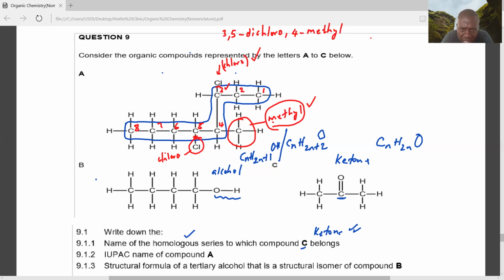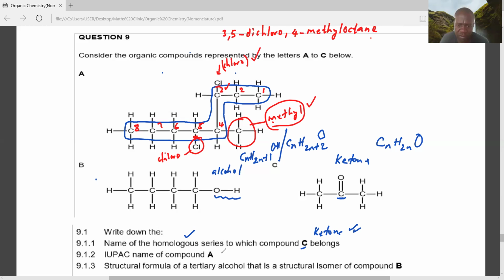What is the parent chain? The parent chain is 8 carbons, and it's a halo-alkane, so it must end with an A. So octane. So it's 3,5-dichloro-4-methyloctane. Yes, this is the answer.